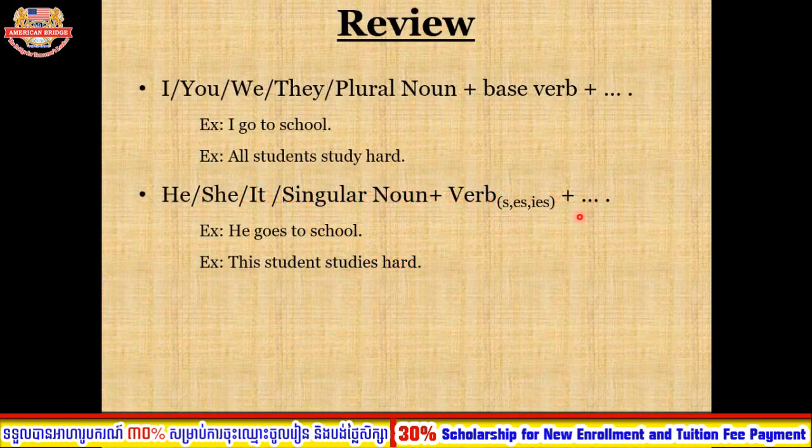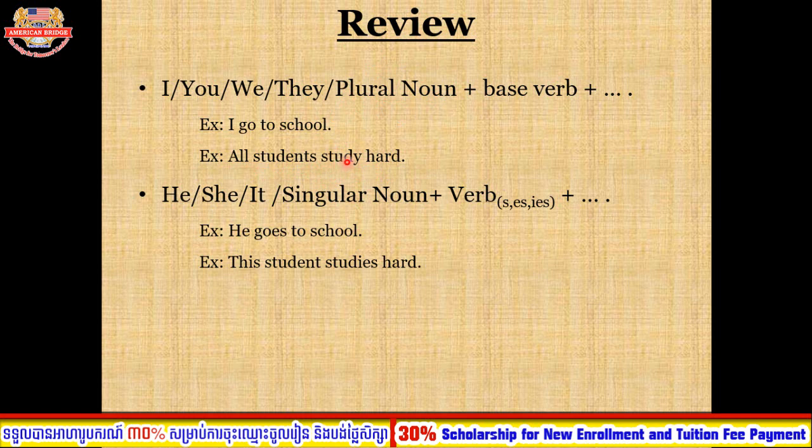You need to remember that I, you, we, and they, and also plural nouns, are used with the base verb, or we can say the original verb. For example, I go to school, so go here is the original or base verb. All students study hard. All students, you see, with an s, so that's why we call it a plural noun, and then we use it with the original verb, or the base verb.